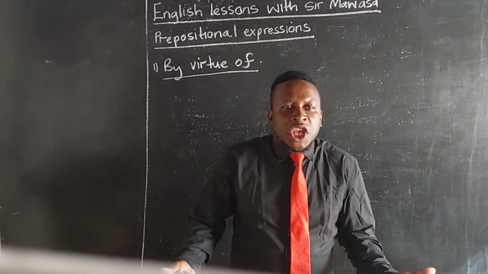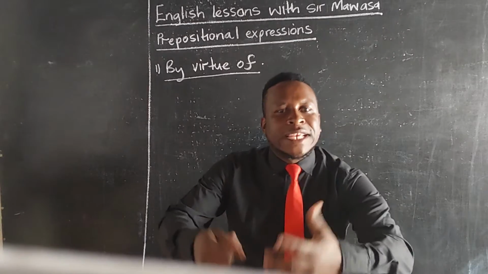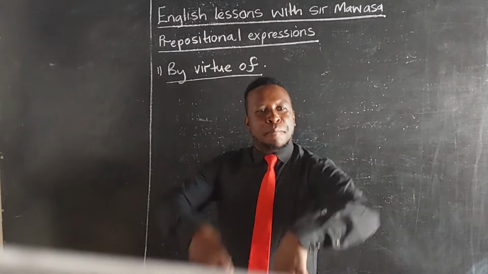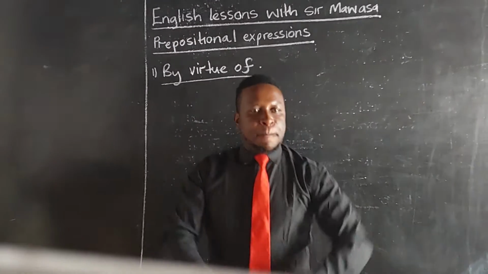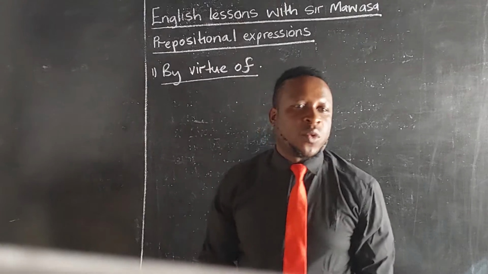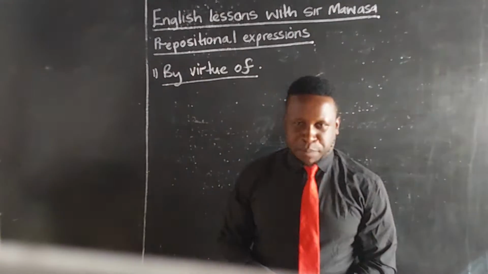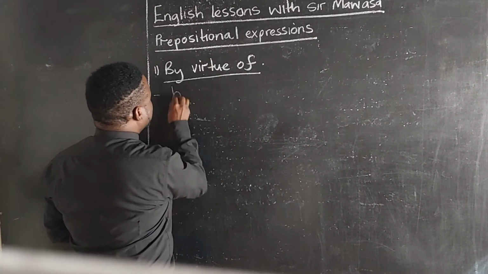We can even say, he had won the game by virtue of his strength, by virtue of his strength of will. So this is how we use this prepositional expression. I said it simply means because of.